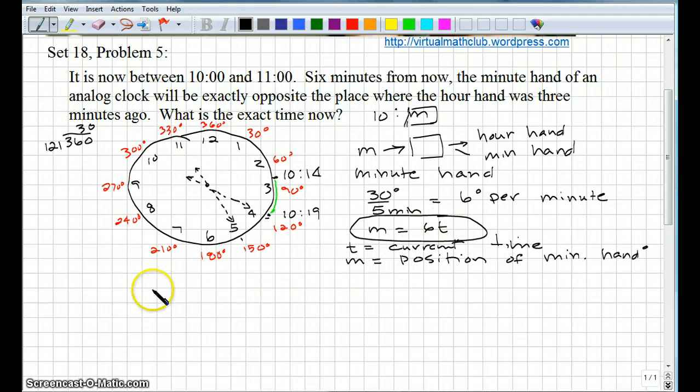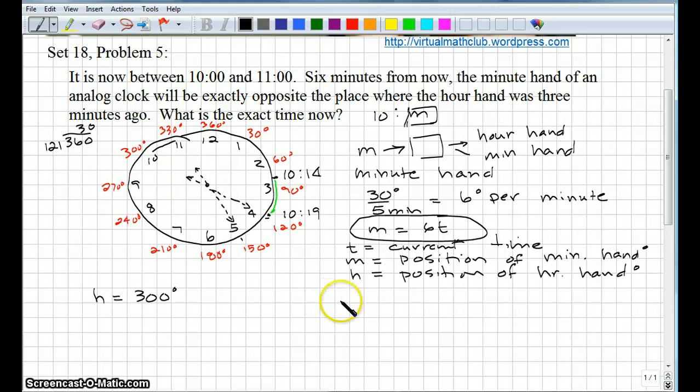All right. So let's try and do the same thing for the hour hand. Let's define a function h to be the position of the hour hand. So I'm going to write that here where I have my variables defined. This is the position of the hour hand, and again in degrees. Okay, so we know we're starting out at 300 degrees, right? And then we're adding, we're somewhere in here. For every minute we move a little bit closer to the 11.